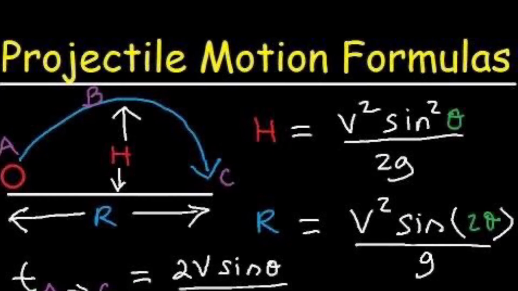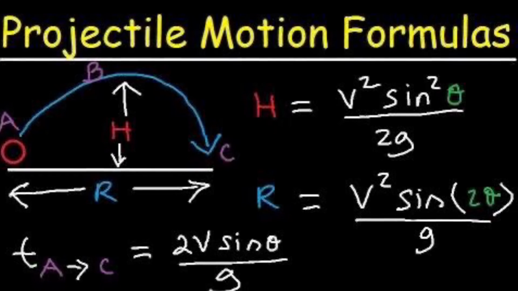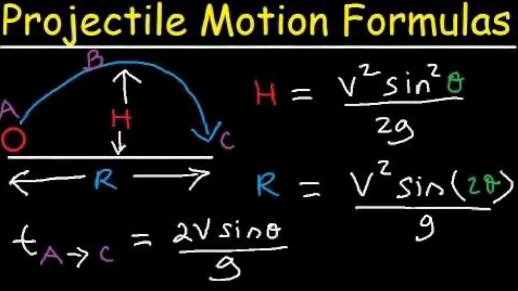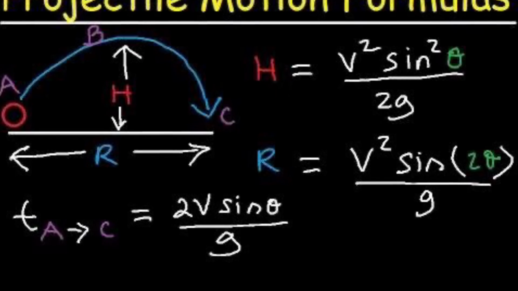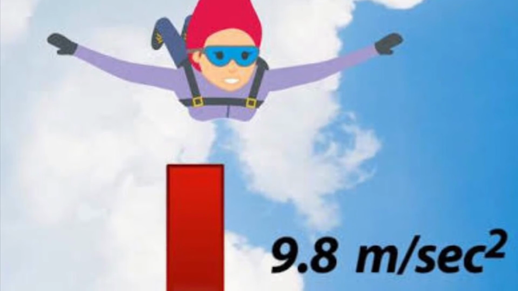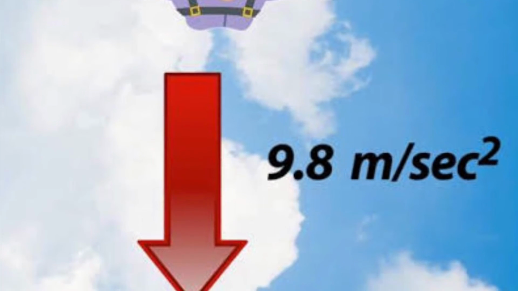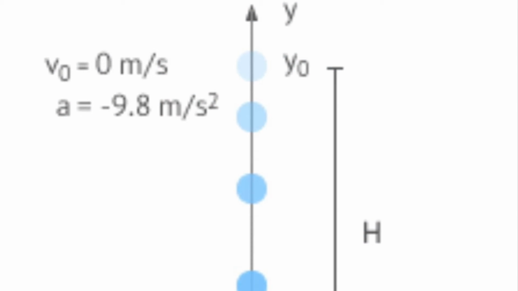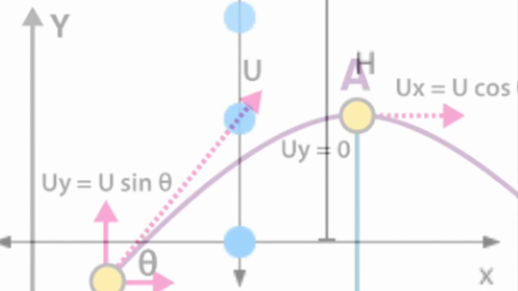We can also use the equations from parabolic motion, but considering that the initial velocity of the projectile is totally in the x-axis, so the velocity in the y-axis is zero, because there is no angle.